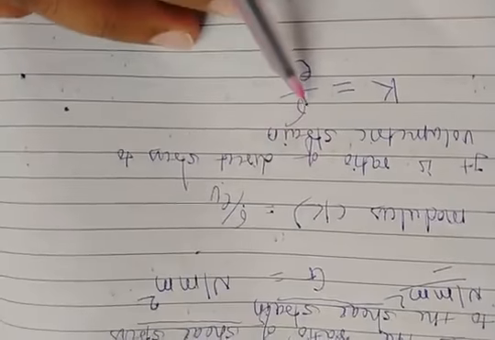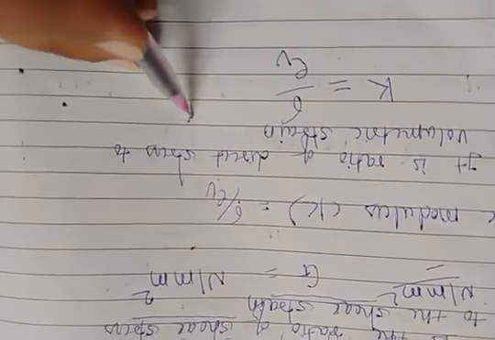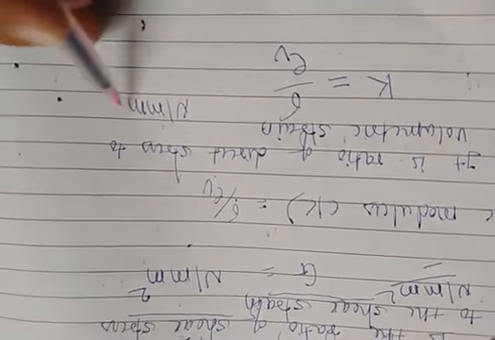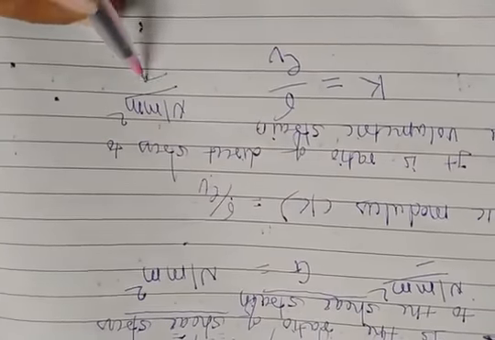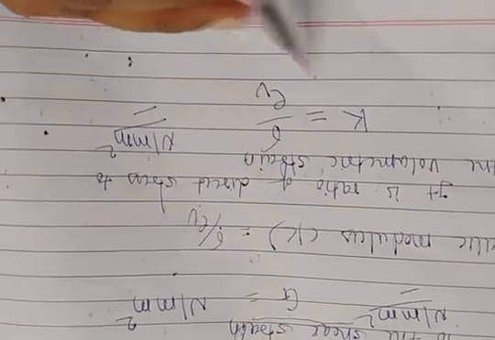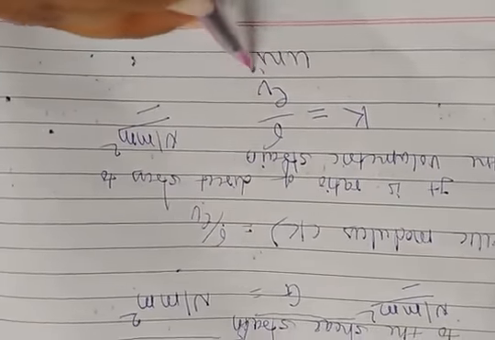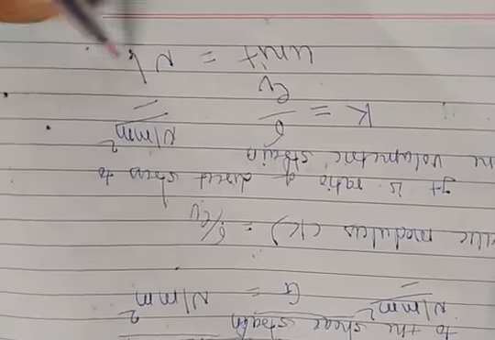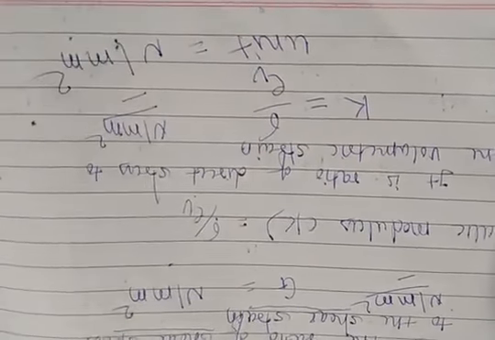As we know, the unit of stress is Newton per mm square and strain has no unit, so the unit for bulk modulus is also Newton per mm square.